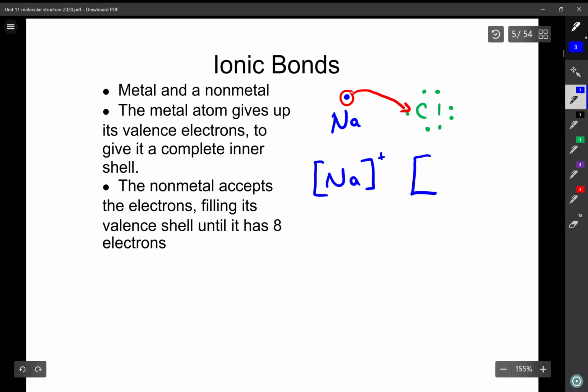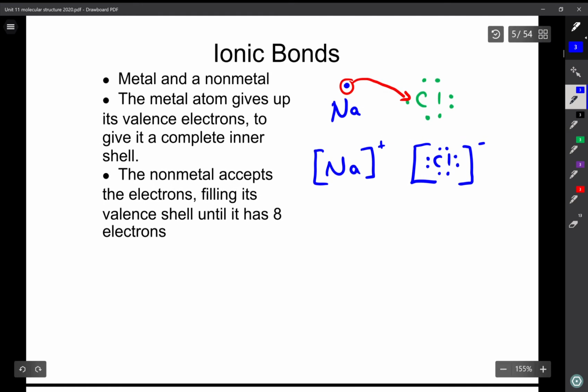And for chlorine, we'll write out the symbol for chlorine, and we'll write out 8 electrons, representing the 7 that it initially had, plus the 1 it took from sodium, and a negative there. And that's how you write sodium chloride, the Lewis dot structure for this ionic compound.